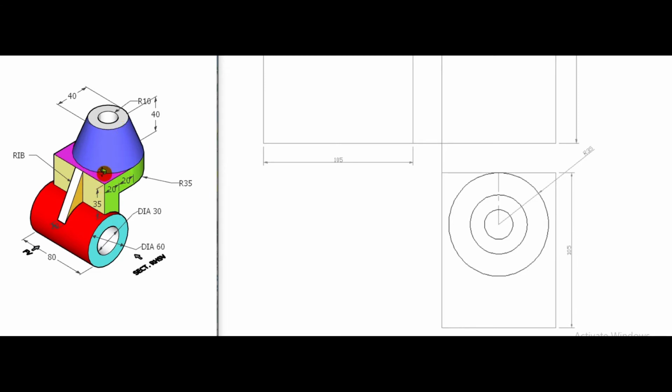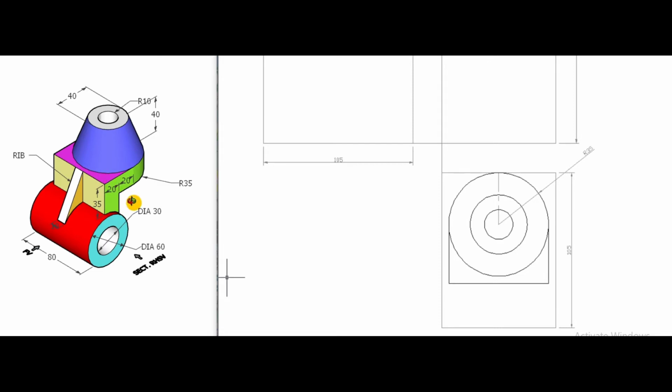So we have to draw these three lines. The length of this line is 40 millimeter, this is 70 millimeter, and this is again 40 millimeter. Now this portion is completed.